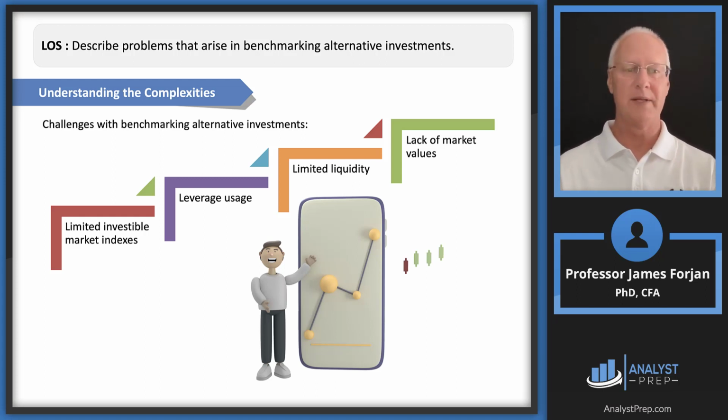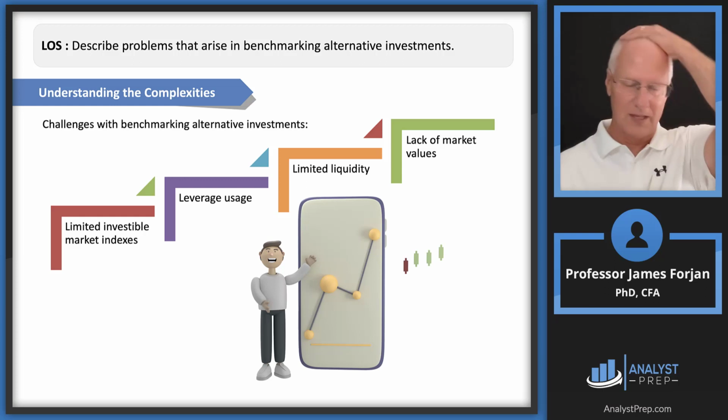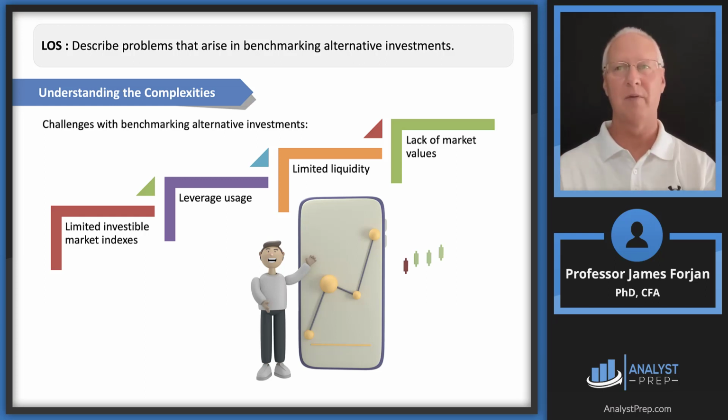So here we go. Limited investable market indexes for things like collectibles or private equity. There's tons and tons of leverage in the alternative universe. Limited liquidity. That word liquidity, it's tossed around a lot. And from my perspective, it typically means, do you have some cash in your back pocket for whatever reason?